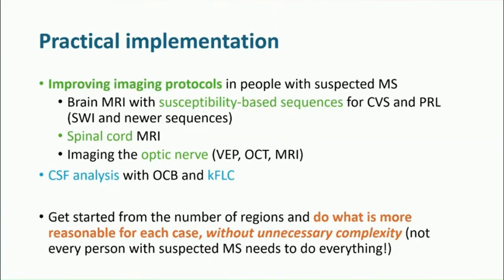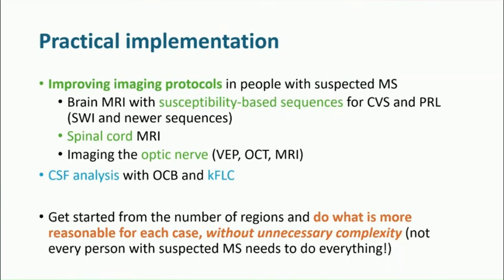And of course, there is the need to acquire images of the spinal cord and the possibility of having also information on the involvement of the optic nerve by using different modalities, including visual evoked potentials or OCT or MRI. The CSF analysis remains important. And here we do not only the oligoclonal bands, but also we need to measure the kappa free light chain to do the K index, of course, in CSF and serum.